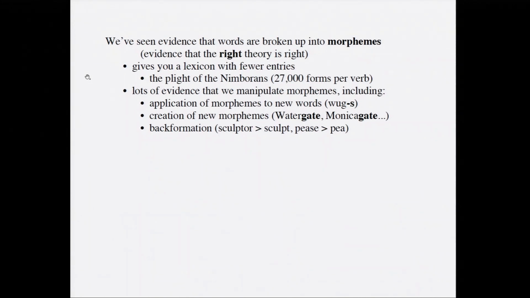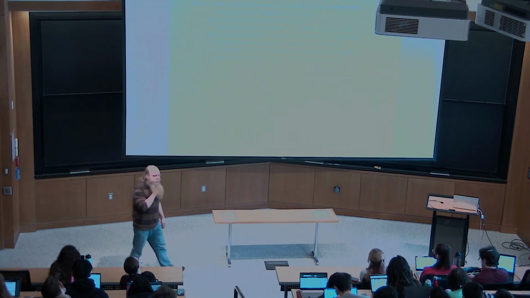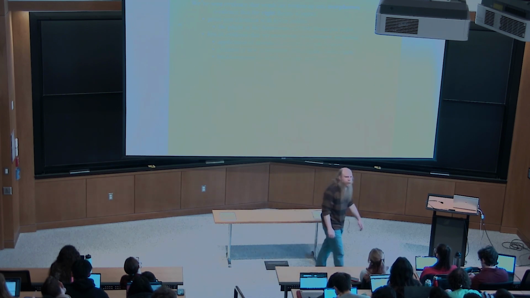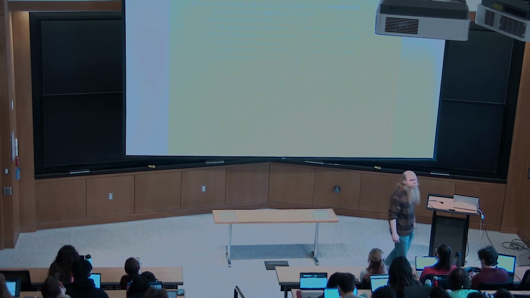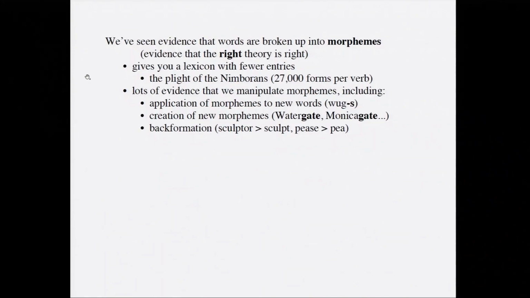These are people in Papua New Guinea whose verbs each have like 27,000 forms. If we make their lexicons have every verb form in it, their lexicons are going to be very large. They will have no time to do anything other than sit around and remember verbs. Whereas if we're willing to allow them to break words into morphemes and put those in their lexicons, then they will have lexicons of a reasonable size.